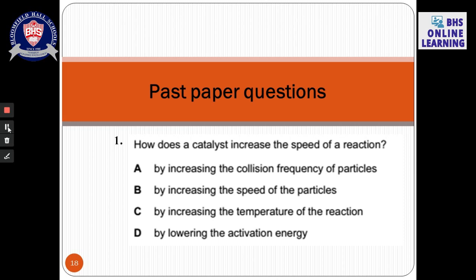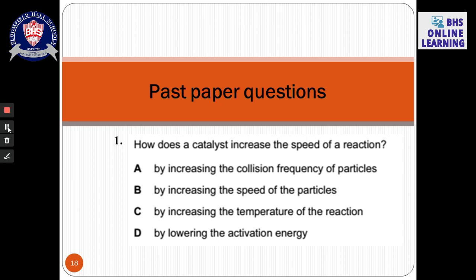Here are a few practice questions for you to do. The answers of these will be discussed in the next lesson. So MCQ number 1. How does a catalyst increase the speed of the reaction?